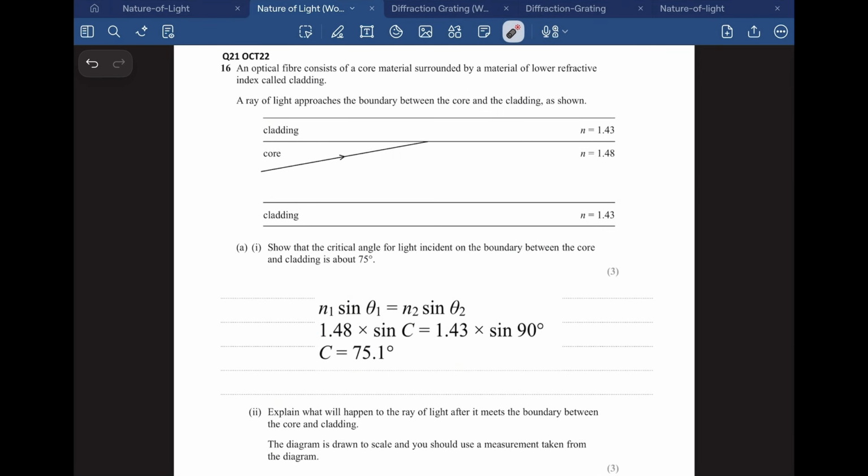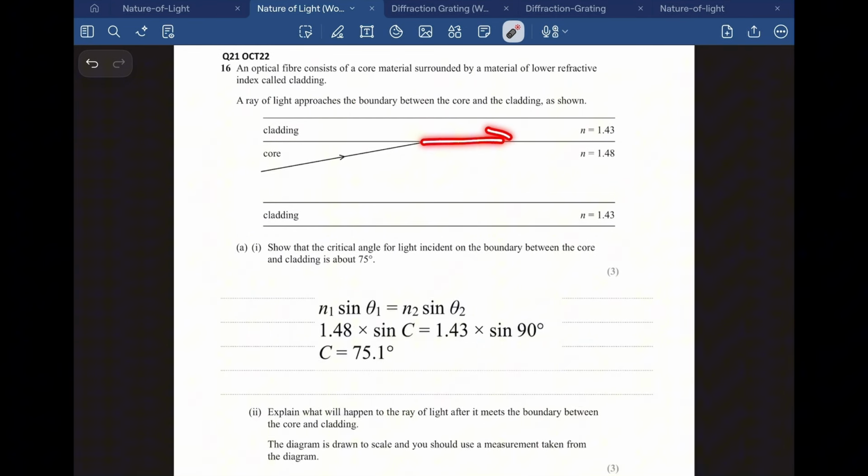We have to take the refractive index of the core, and this θ1 is basically the critical angle. We know the refractive index of the cladding is 1.43, and at the critical angle, when the angle of incidence is equal to the critical angle, the angle of refraction is parallel to the surface.